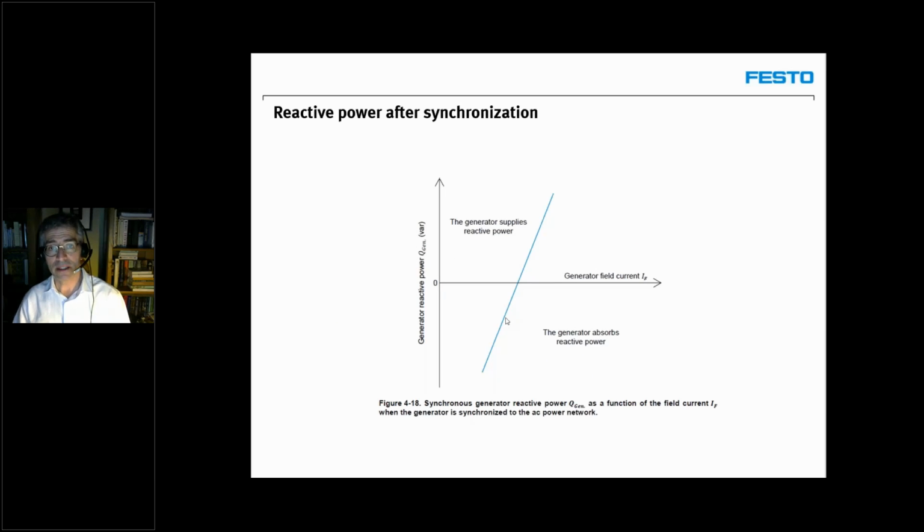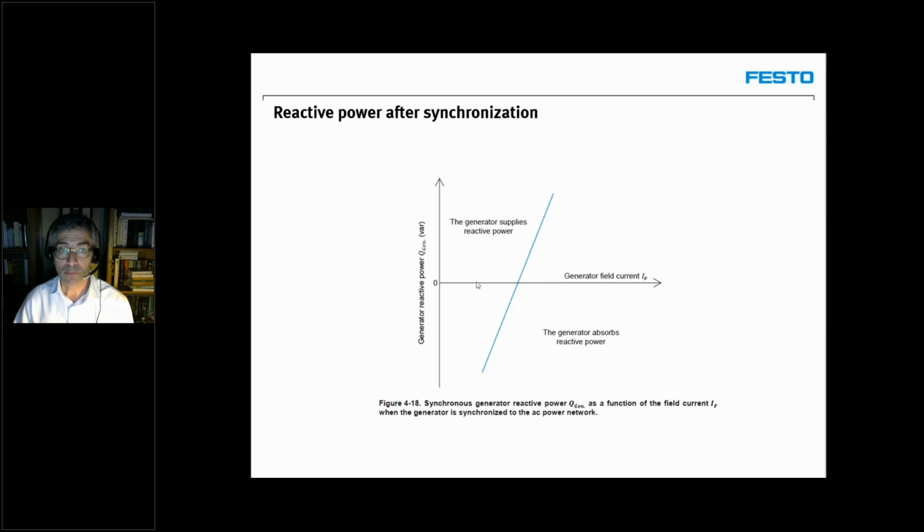And then finally, the last control we have on our generator is the field control. So what happens if we make our electromagnet that spins inside our rotor produce a greater magnetic field? Normally when we synchronize with the network, at the moment of synchronization, we will be right here on the x-axis.